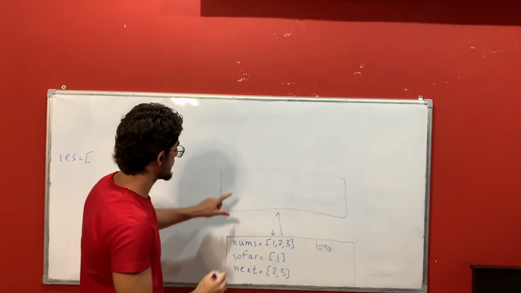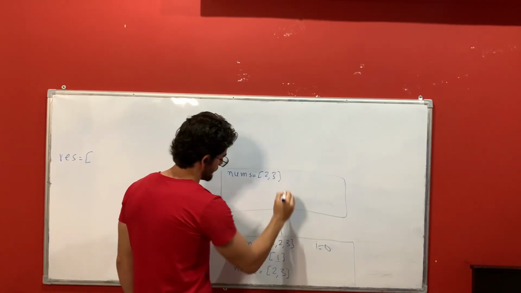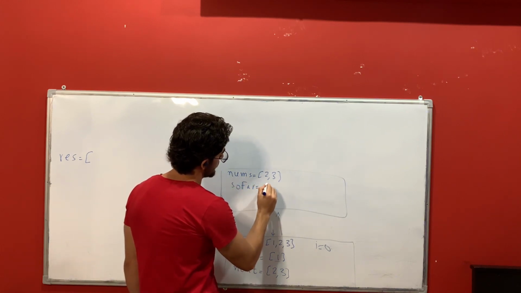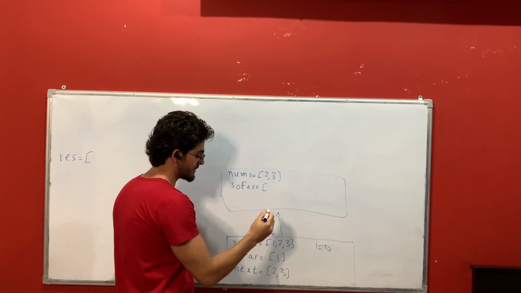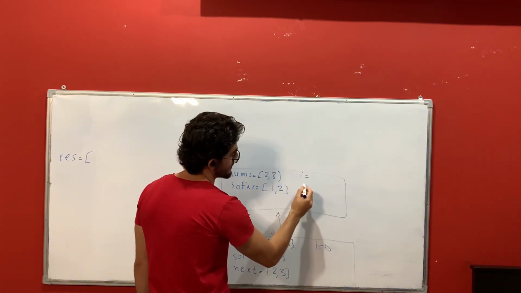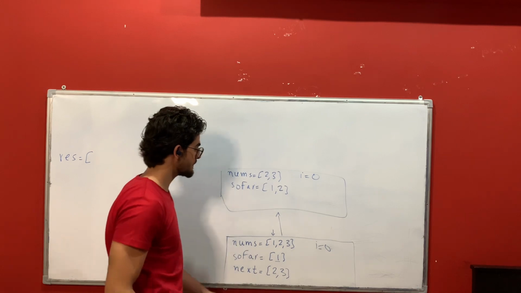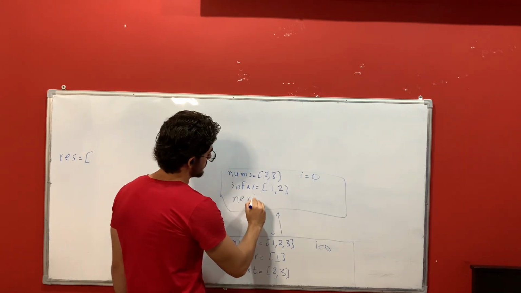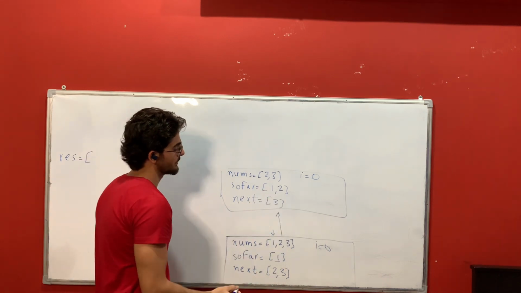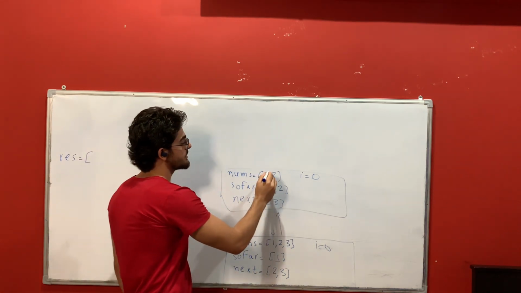The next becomes the new nums. So far becomes 1 and 2 because i is 0, and the next becomes 3 because all the numbers except 2. So the next now becomes the new nums.